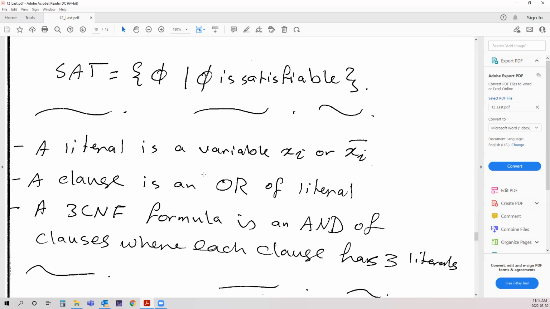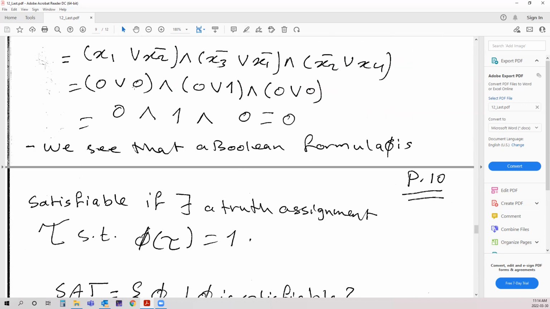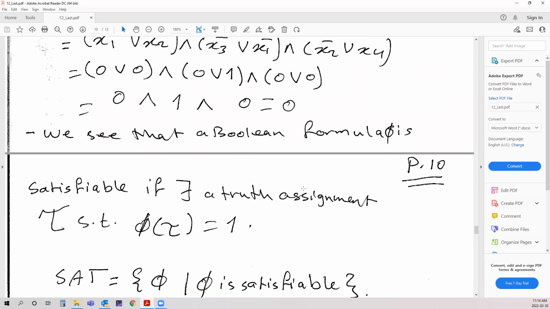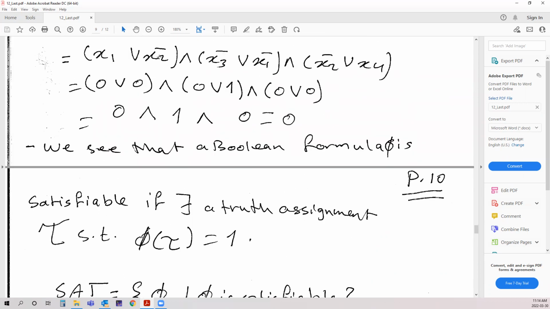In these formulas, we have a literal, which is a variable xi or xi bar. A clause is an OR of literals. These are the clauses: this is a clause, this is a clause, and this is a clause.